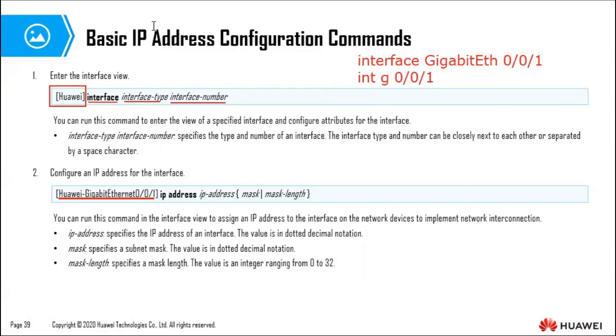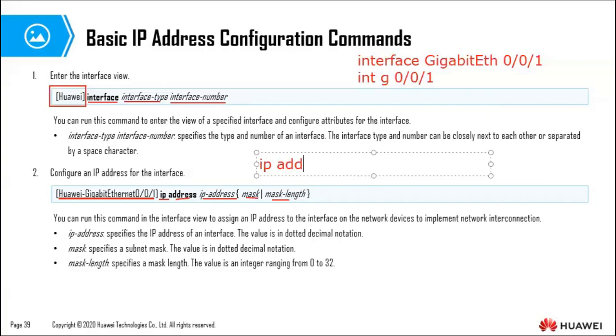So once you're there, then you can configure the IP address using the command ip address, then the IP address, then the mask. You can use the mask or you can use the mask length. Are we together? Right now we are in a Huawei router, doing this on the CLI, the command line interface.